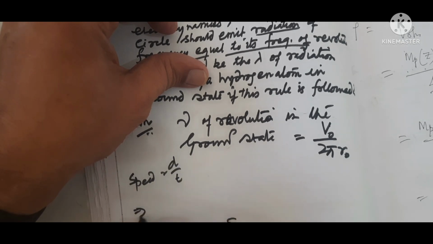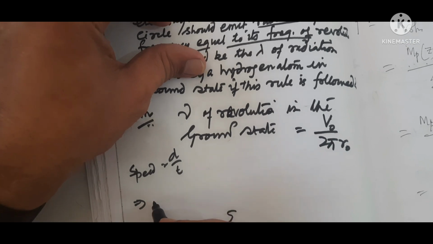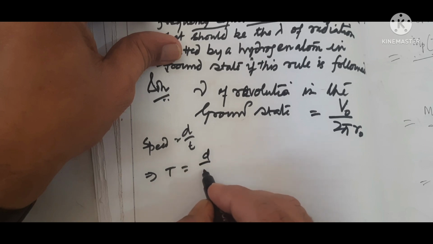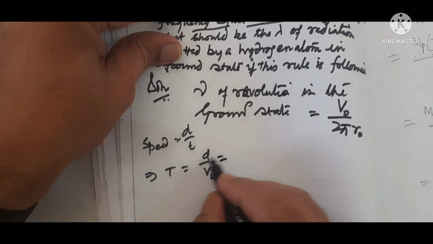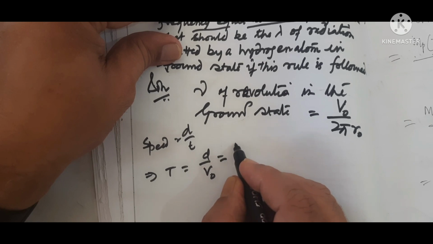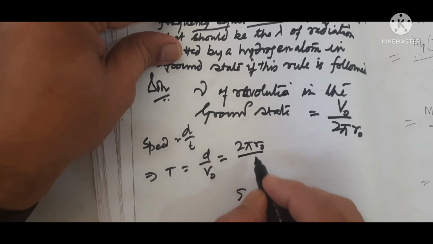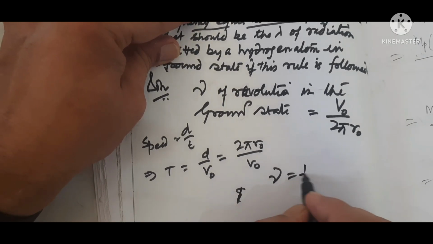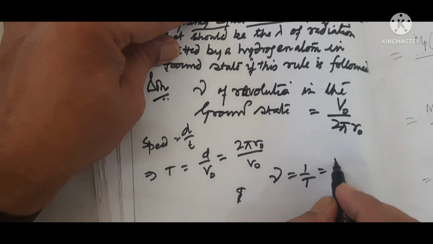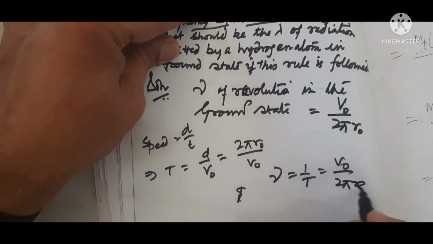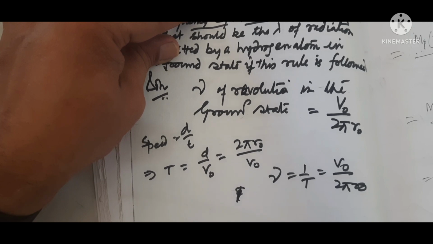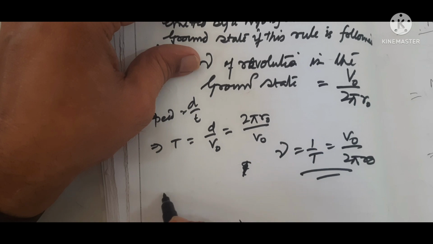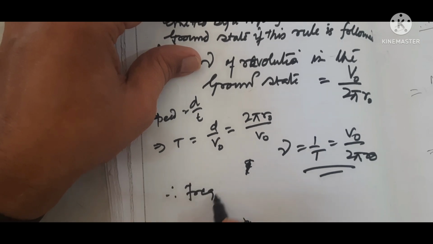For one complete revolution we can write that t is equal to time period, so t is equal to d by speed, say it is v naught, and d means total circumference, 2 pi r naught by v naught, and frequency is 1 by time period, so that's why v naught by 2 pi r naught, right, that's the frequency.